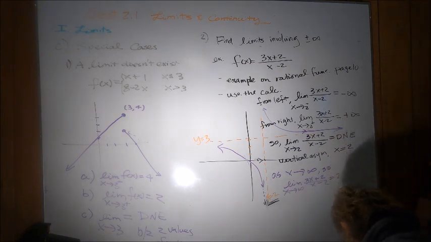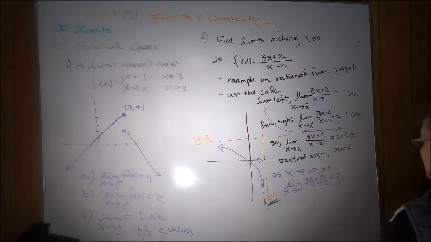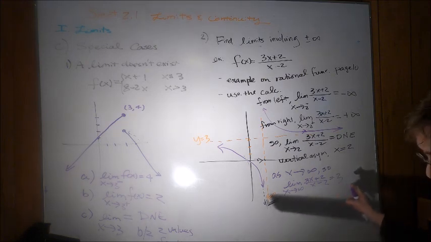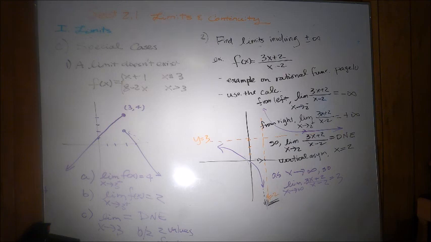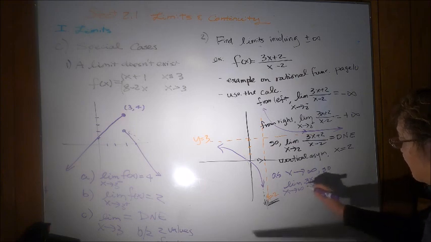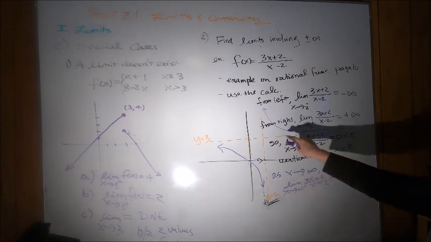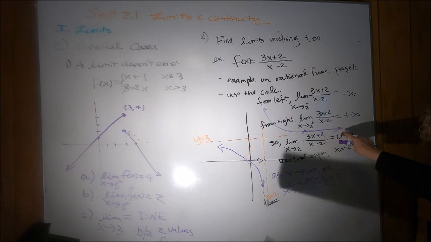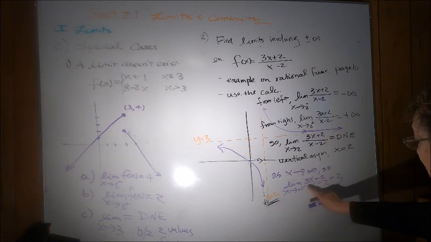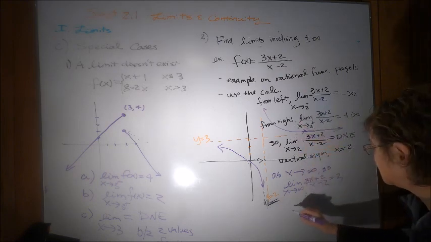3. In this class, we don't expect you to actually do this. In pre-calculus class, you have to find out how to do that, but we just do it by observation. When x approaches positive infinity, you have this situation.